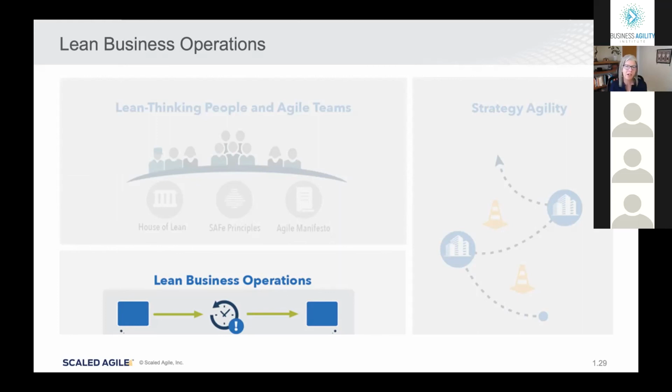And that's valuable because at some point they might change jobs, and at least you're starting to build a foundation of thinking about how to lean out operations and adopt agile principles, so that those people would be ready if they were offered the opportunity to be put on a cross-functional team.